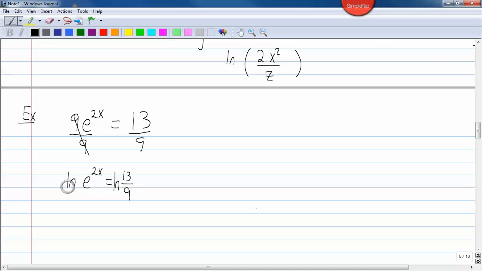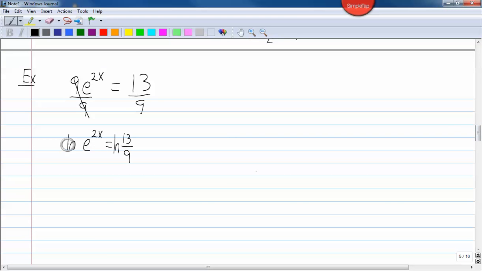And so by taking the natural log of e to some power, do you remember this property? Natural log of e to some power is equal to the power. So I have 2x equals the natural log of 13 over 9. Okay. And then to get x by itself, you divide by 2.